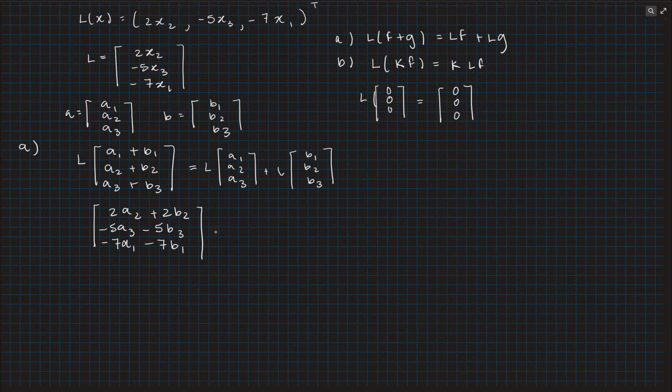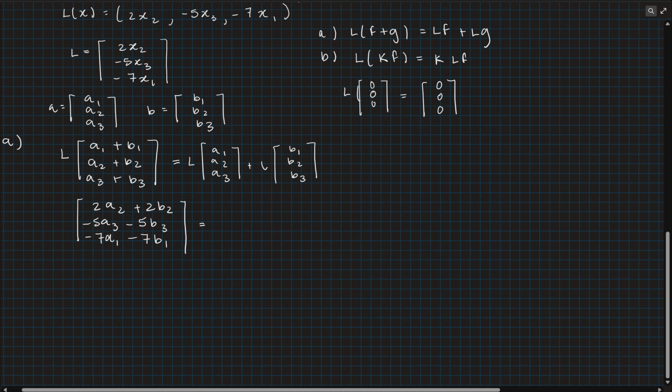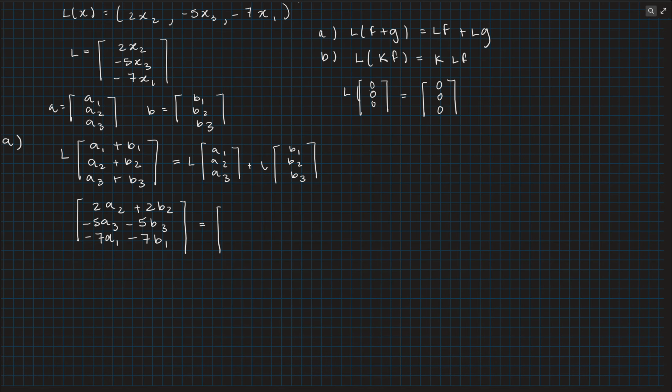So is that equal to applying the operator to A, applying the operator to B, and then adding those two together separately? L applied to A gives you 2x2, which is 2a2, minus 5a3, and minus 7a1, plus 2b2 minus 5b3 and minus 7b1.